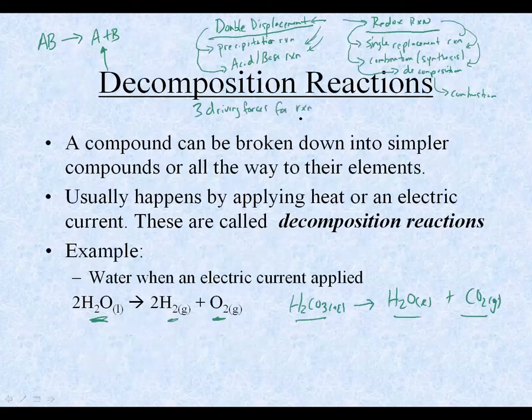And that is a precipitate being made, which would be your precipitation reaction, a transfer of electrons, which is ultimately your redox reaction, and the formation of water, which is a lot of times your acid-base reaction, which is your double displacement reaction.